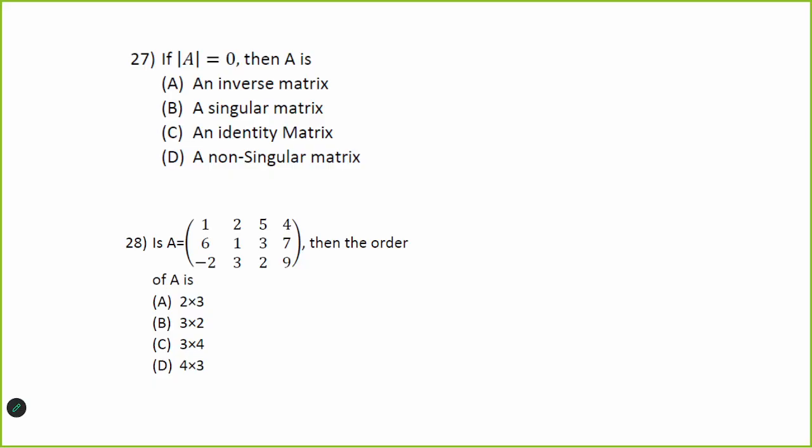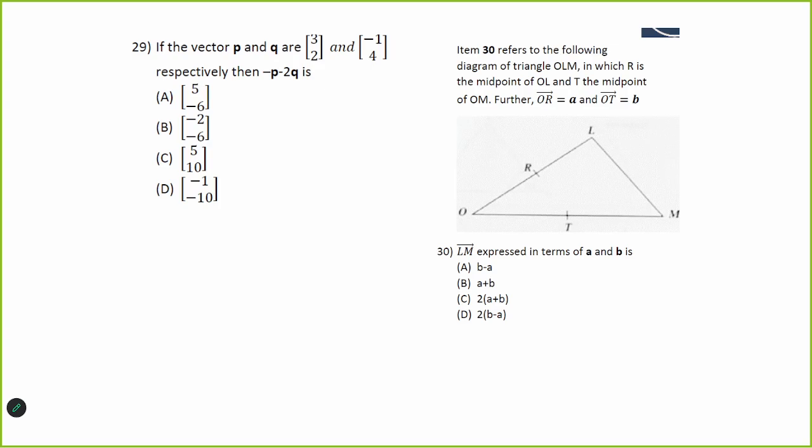Let's look at January 2021. When your determinant is equal to 0, it's a singular matrix. Right? What is the order? It's 3 rows by 4 columns. Then this one here, this is a repeated question. If you guys can remember it, you can, but I would say always work it out because they may change it up.